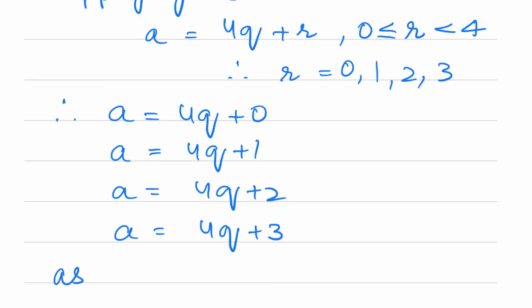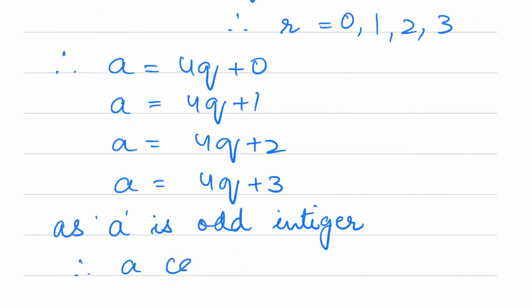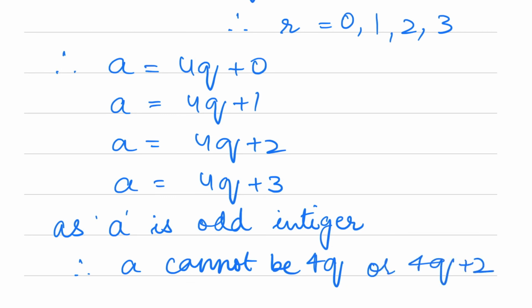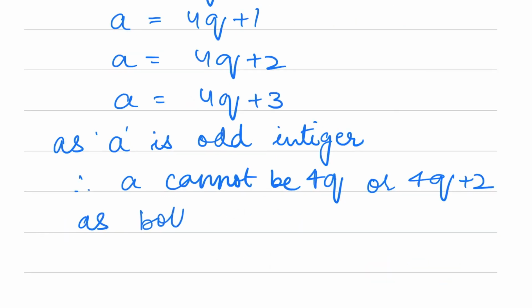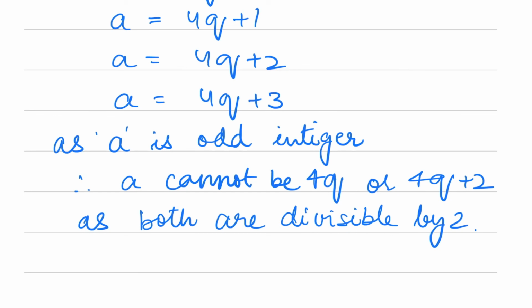And as a is an odd integer, therefore a cannot be 4q or 4q plus 2, as both are divisible by 2.